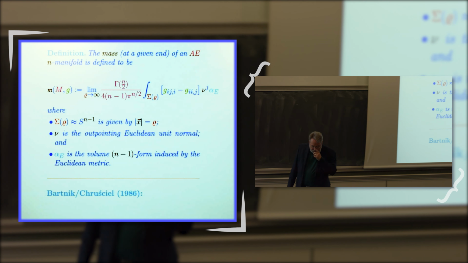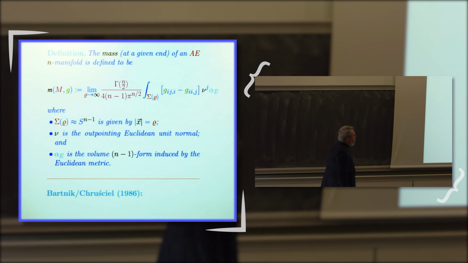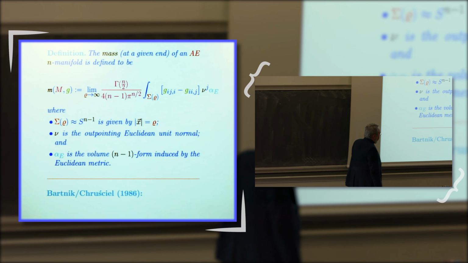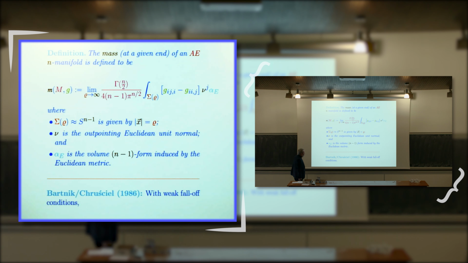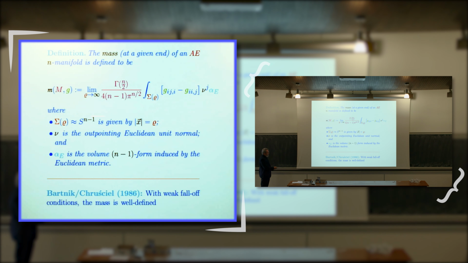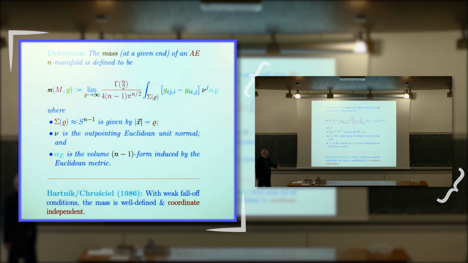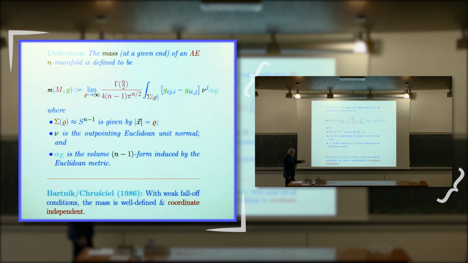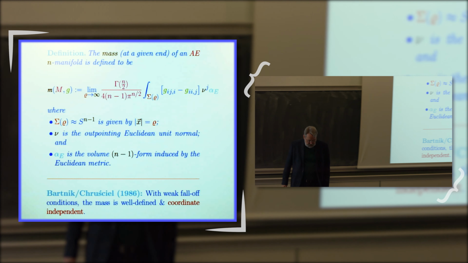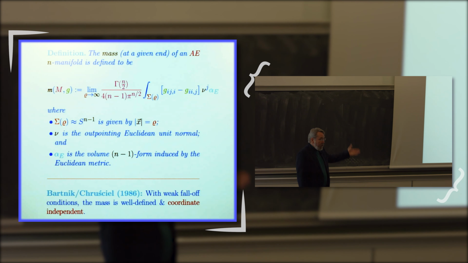But independently, Chruściel and Bartnik showed in 1986 that this mass, with suitable weak fall-off conditions, is first of all well-defined. I mean, that's to say this limit is well-defined, but it's also coordinate independent. Bartnik's fall-off hypothesis is stronger than Chruściel's, but then he proves a somewhat stronger coordinate independence. But the Chruściel hypotheses are the ones I'd like to use because, first of all, they're much less technical.